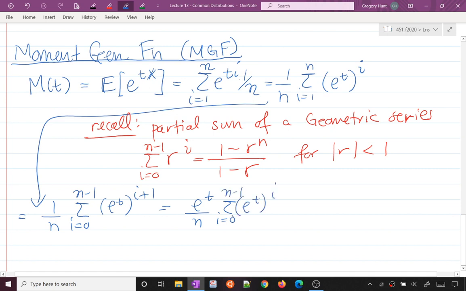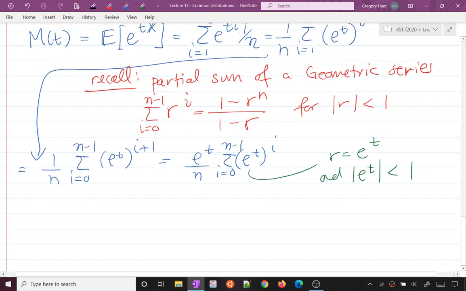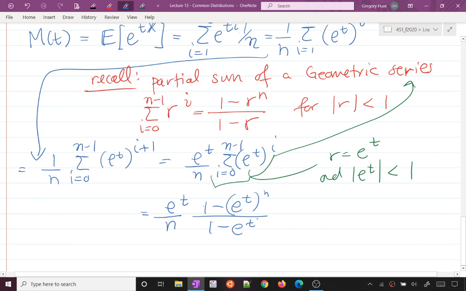to the i. And so if e to the t is r, and as long as this thing is less than 1, then this is a partial geometric series, and so we can simplify it according to the formula, the Calc 2 formula there, and it would be 1 minus r, which is e to the t, to the n, over 1 minus e to the t.